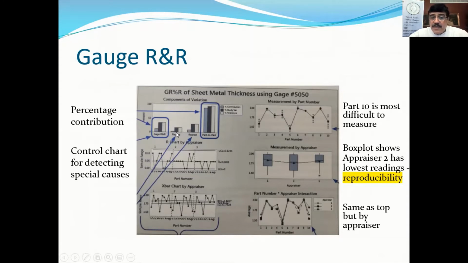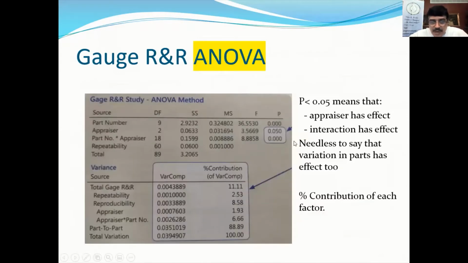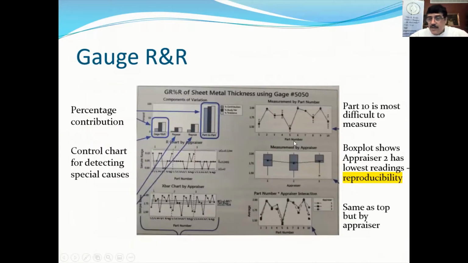So this is repeatability, and this is reproducibility. This one is just a control chart for detecting the special causes and so on. It will tell you which data point is not likely to be within the data, like an outlier.